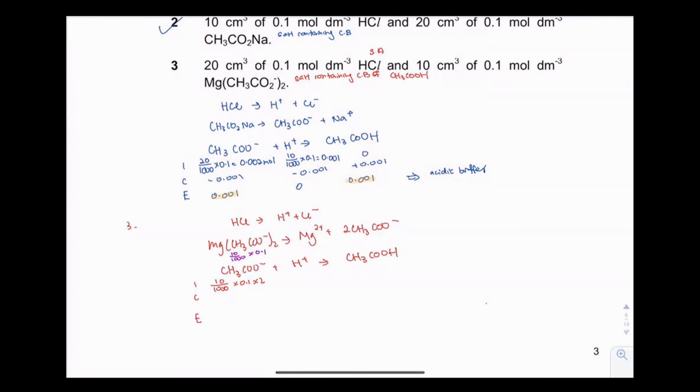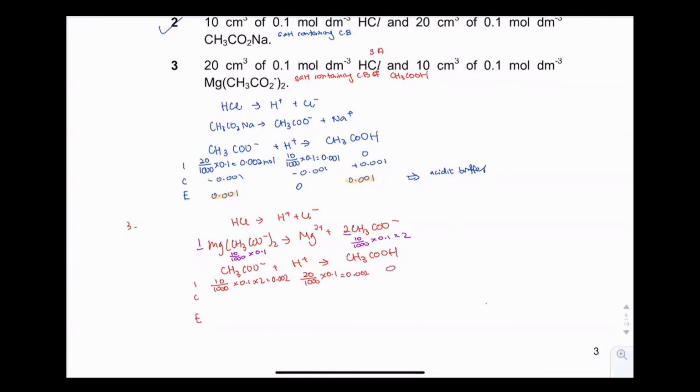Since the mole ratio of magnesium ethanoate to ethanoate ion is 1:2, the amount of ethanoate ion should be 10 over 1000 times 0.1 times 2. That's how I got this value, 0.002. And for the H plus ion, it would be 20 over 1000 times 0.1, which also equals 0.002 moles.